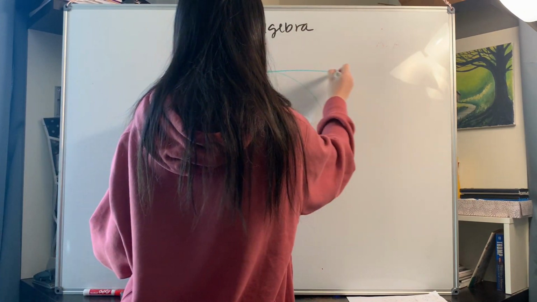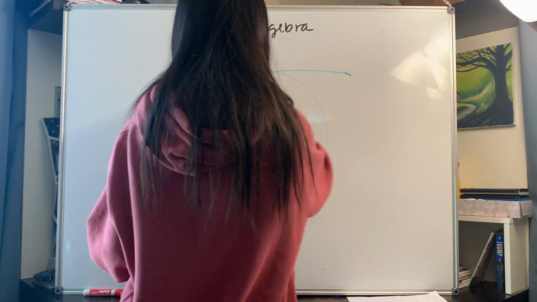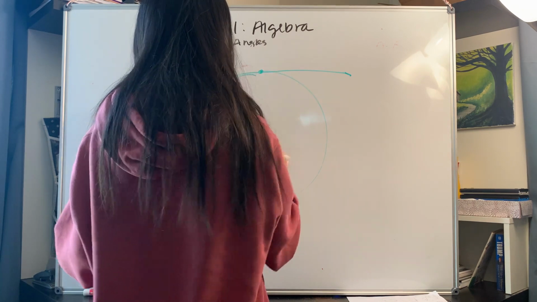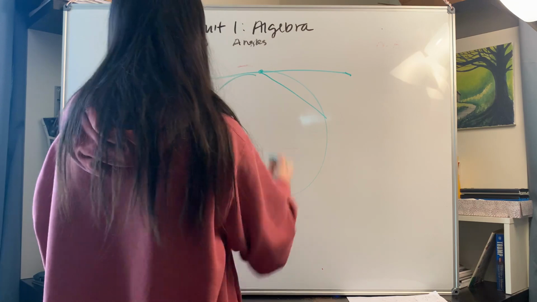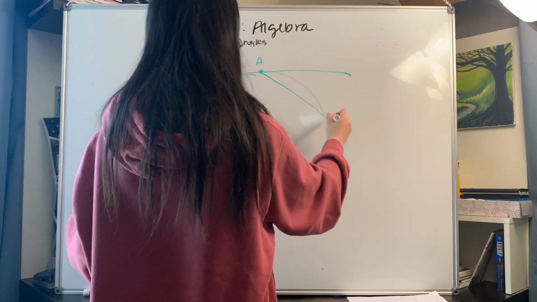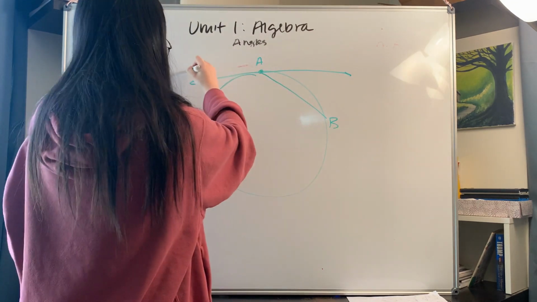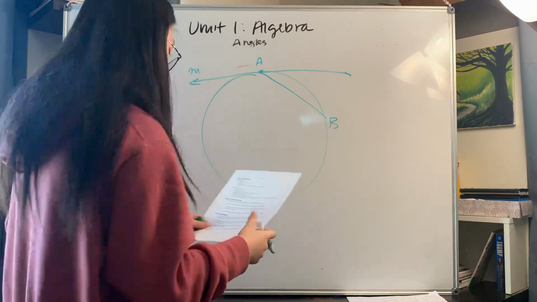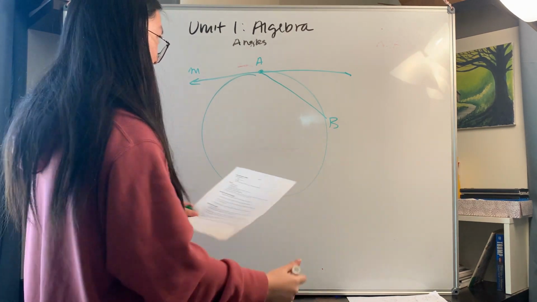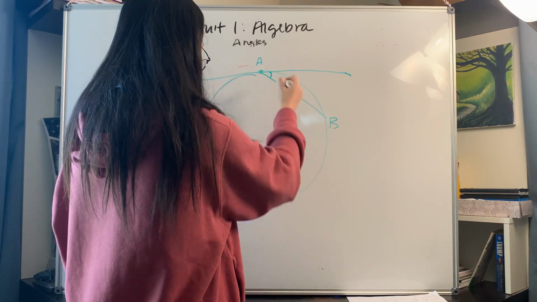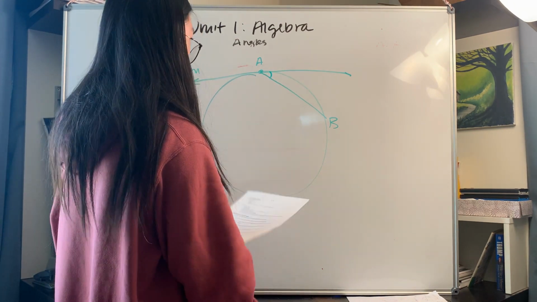So here we have a tangent, and it meets the circle at only one point, and then we have a chord. So let's say this chord looks like this. I'm going to label this A and this B, and we're going to call this tangent M. And we want to prove that the measure of the angle formed by these two, so this angle right here, is equal to 1/2 the arc that it cuts off.